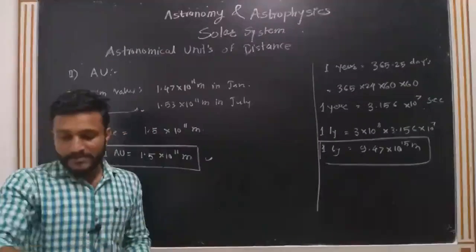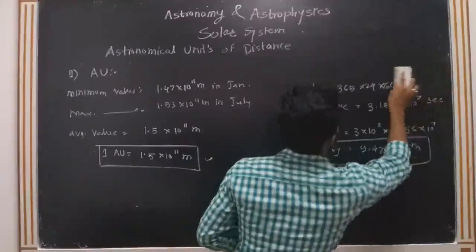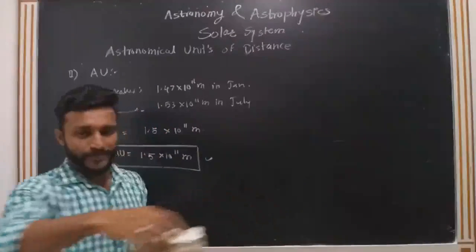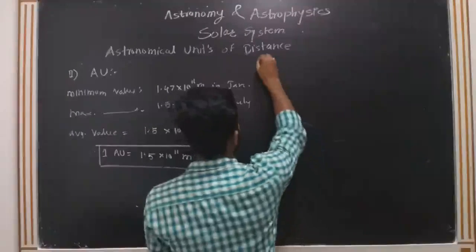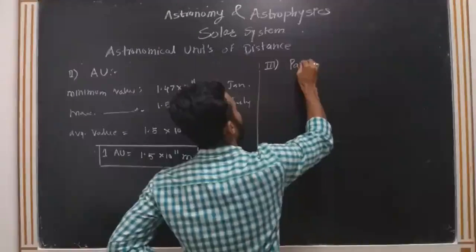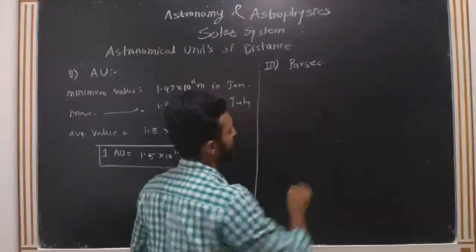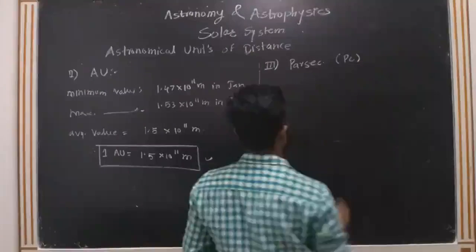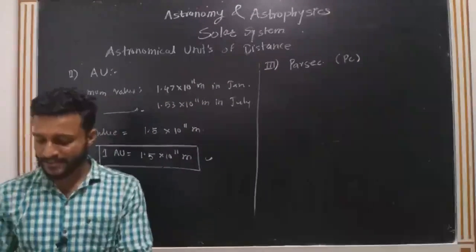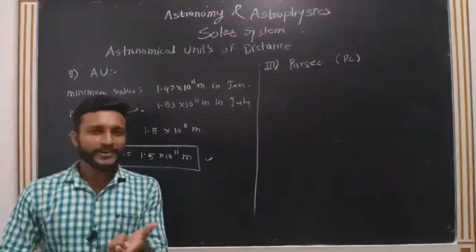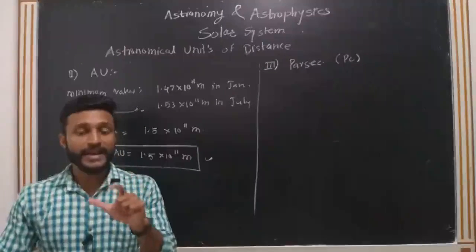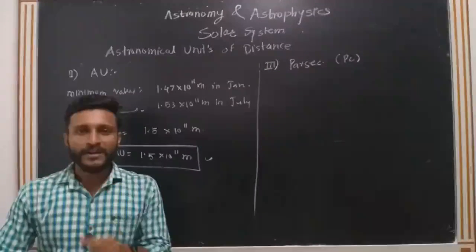Fine. Now the third one is very important, parsec, or we can say PC. Parsec is also a unit of distance. It is the length at which 2 points separated by the distance 1 astronomical unit subtend an angle of 1 arc second.